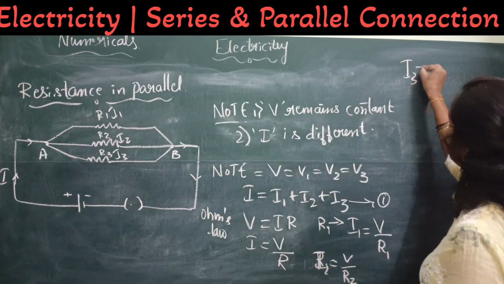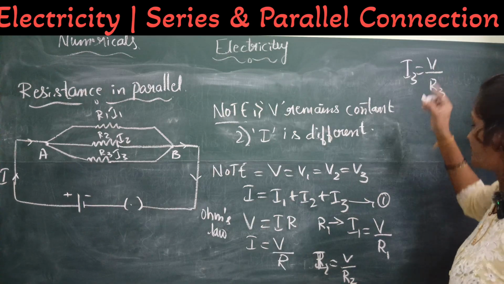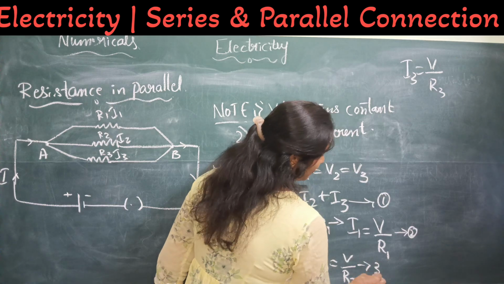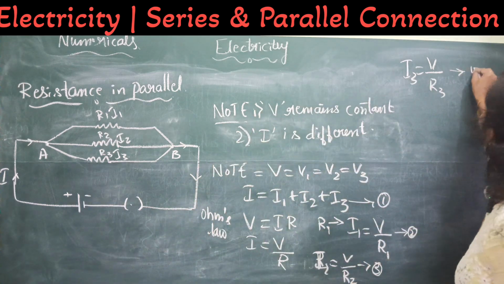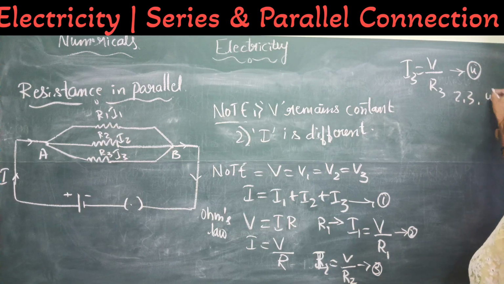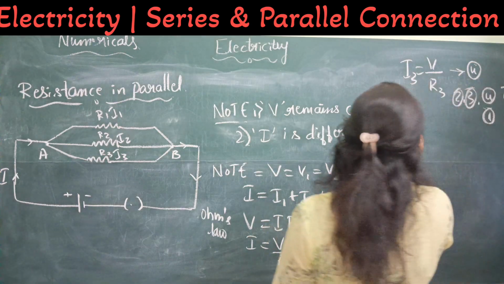And for I3, V divided by R3. Now substitute these equations 2, 3 and 4 in equation 1. What will I get?